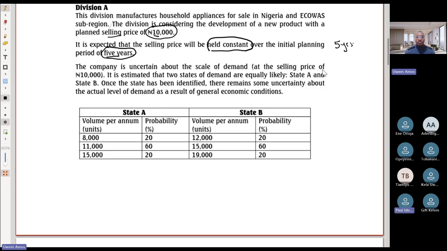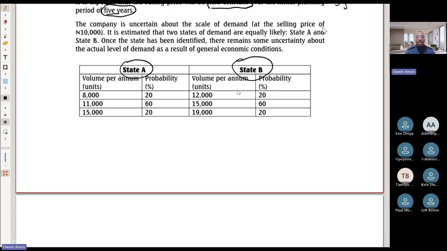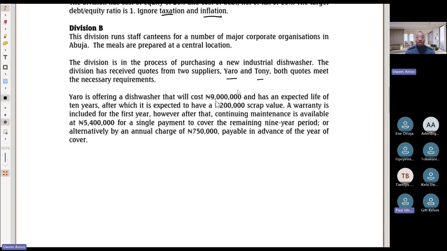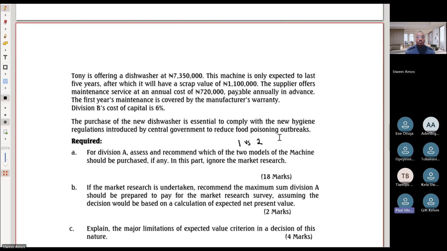It also tells us that when we undertake this investment by division A, it is possible that we will achieve state A or we will achieve state B. So let me just quickly note that down so that we don't go back and forth on it. So our sales price is 10,000. And then there's a possibility that we would have state A or state B. So let me write that down quickly so that it's easy for us to do our calculation.